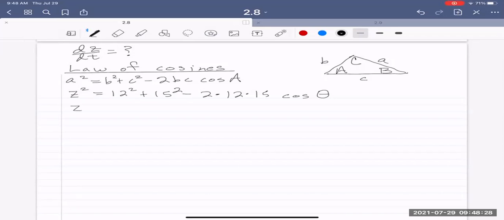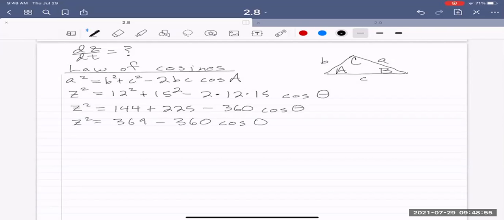So z squared equals 144 plus 225 minus 360 cosine theta. So z squared equals 369 minus 360 cosine theta. This formula is true for all z and theta in this particular case.